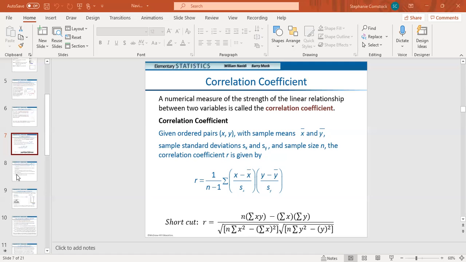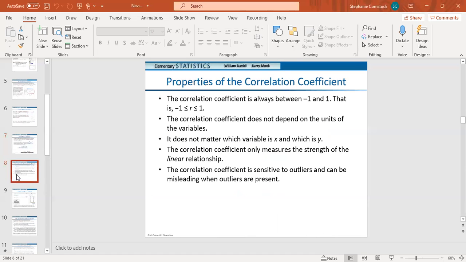Okay. So a couple of things that we need to know. This value is always going to come out between -1 and 1 inclusively. So it can be as low as -1, and it can be as high as +1. And that positive or negative sign only tells us whether it is positively or negatively associated.